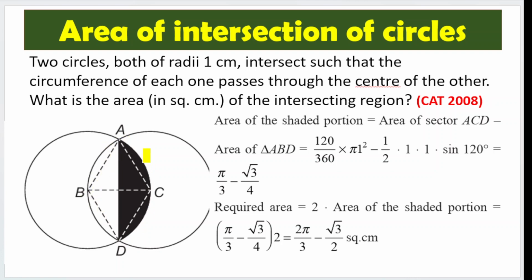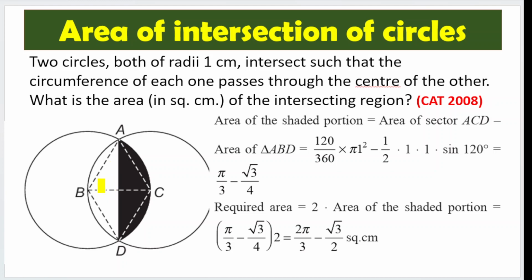So we have to find the area of the sector minus the area of this triangle ABD, and the sector ABDC, this one. The sector area and the area of the triangle.